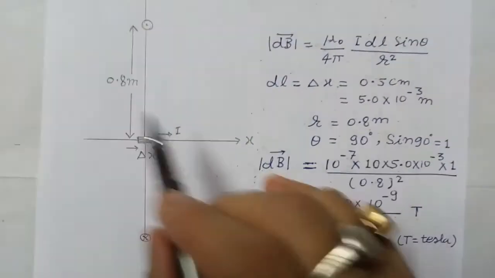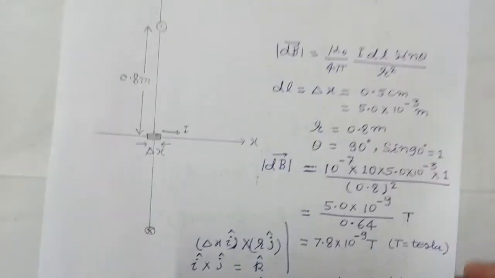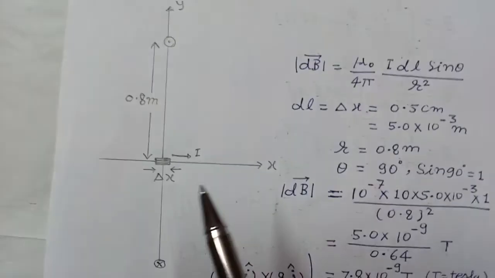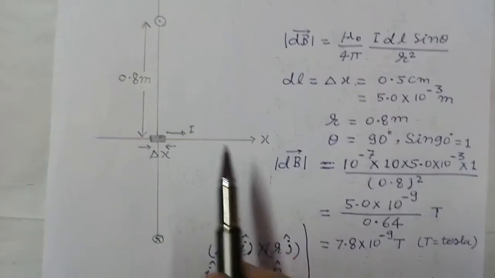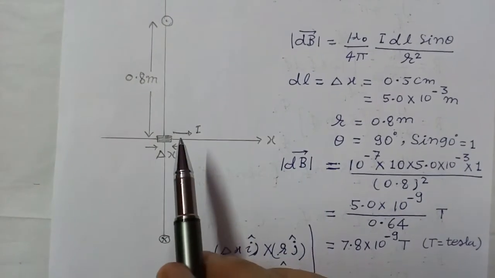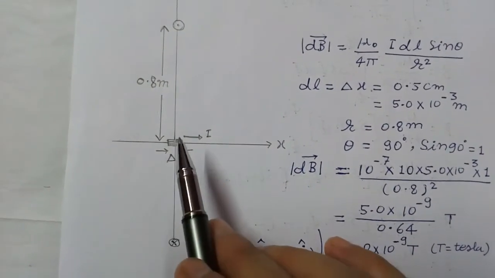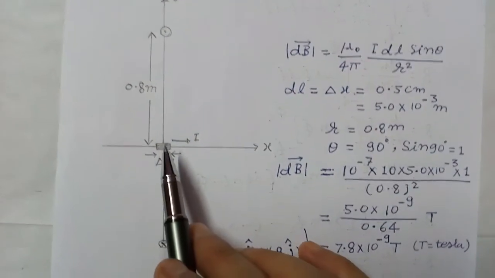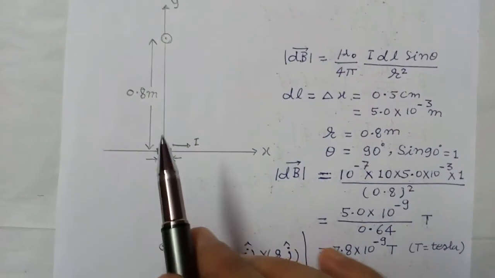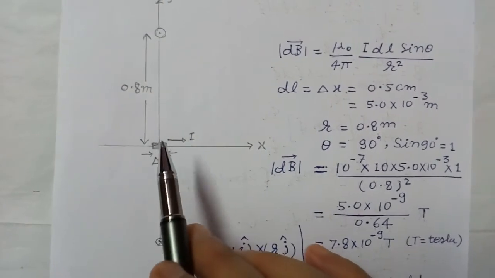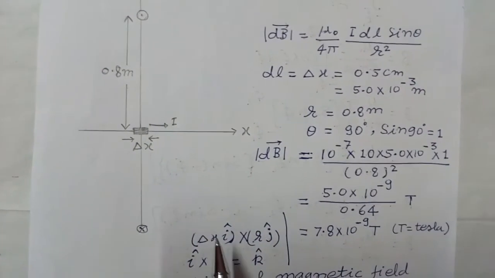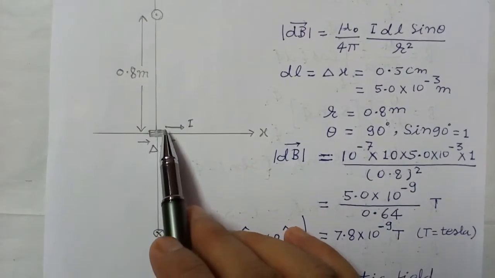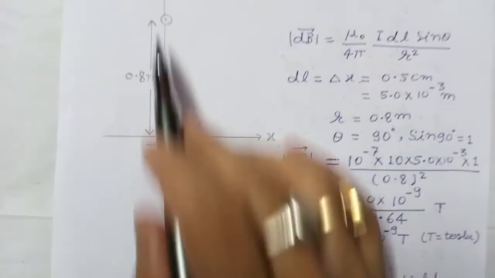Now what is the direction? By the vector product of unit vectors along the x, y and z axis, the unit vector along the x axis is i, the unit vector along the y axis is j, and the unit vector along the z axis, which is perpendicular to this plane, is k. So delta x into r j, this is delta x and this is j.